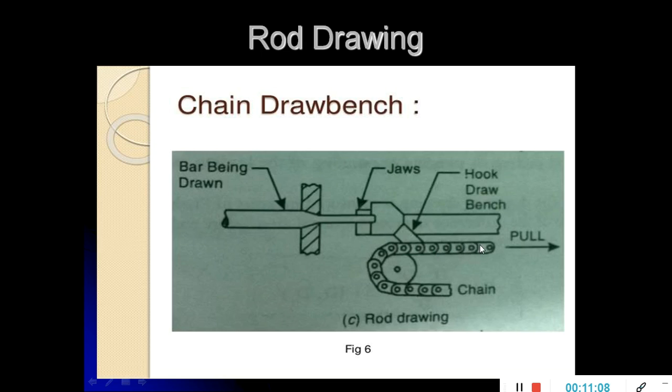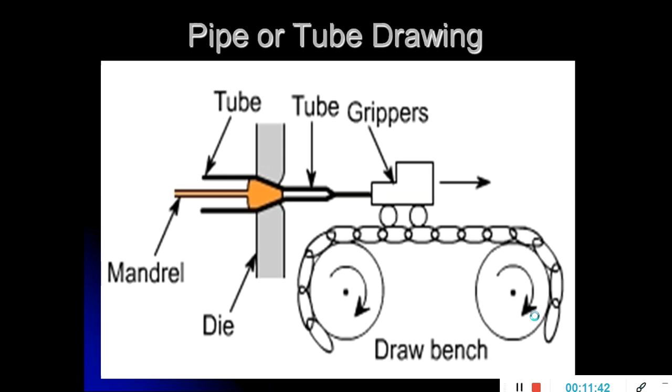When the pulling action is provided here, the same pulling force is automatically applied to this area also, where the rod is reduced to the required diameter. Here is the unworked rod, and here is the finished or drawn rod, and it is continuously pulled and cut at the particular length. In this way the rod drawing operation is accomplished.